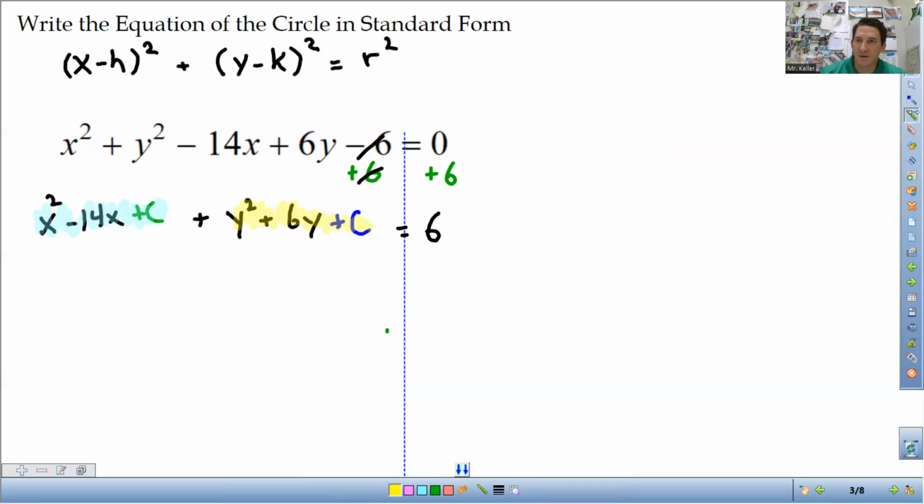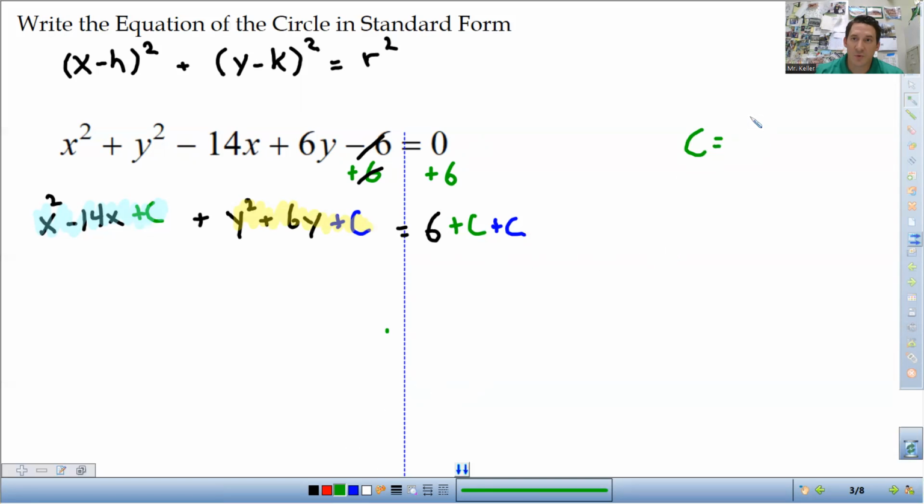All right. So first of all, the green c value for the x's, complete the square. Before I move on, what we need to remember: when you add something to one side, you've got to add it to the other. So I'm going to add a green c and a blue c to this side because I've done that to the other side. So starting off with the green c. C is equal to half the middle term, squared.